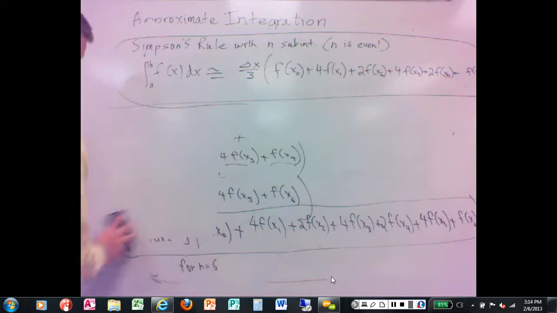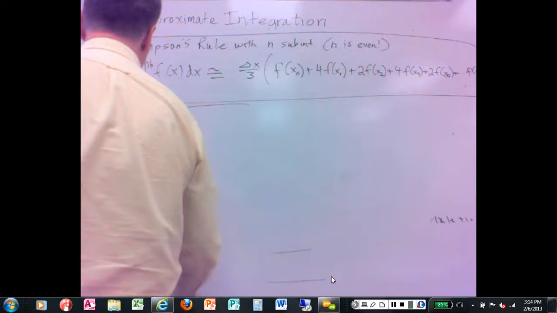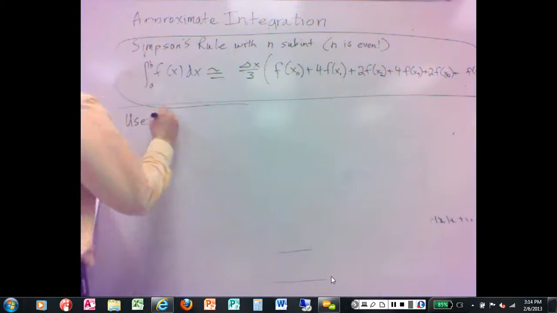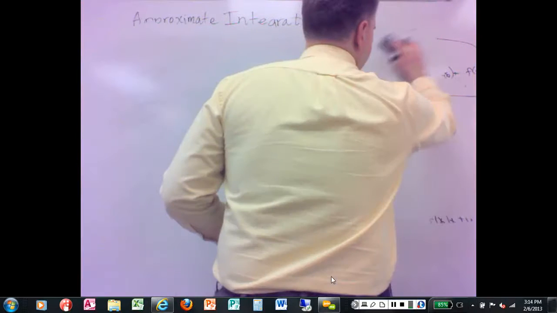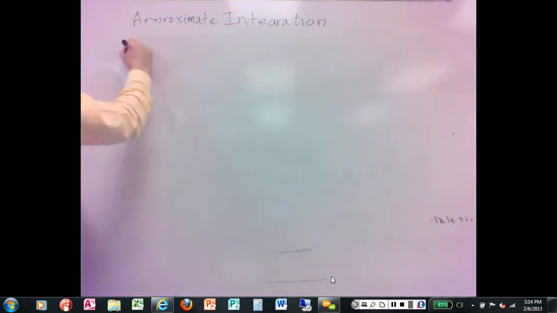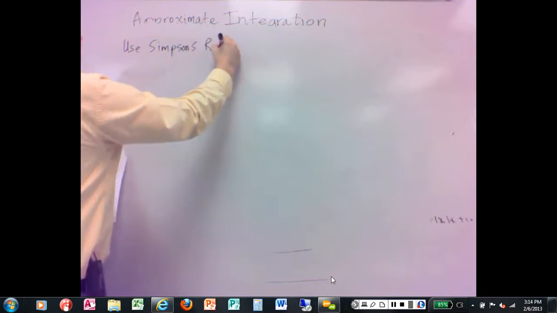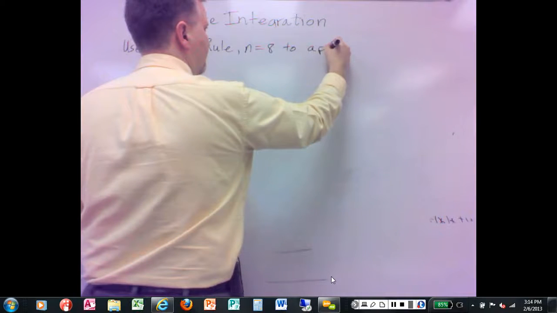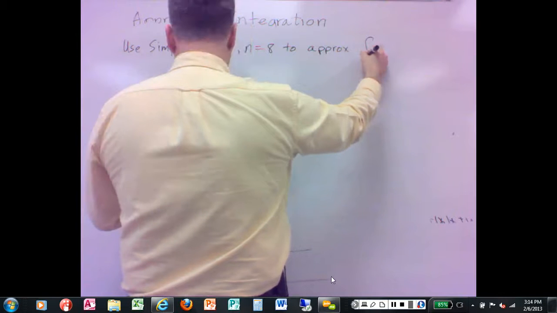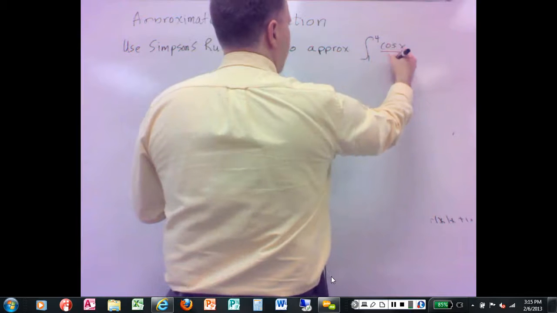Use Simpson's rule, n equals 8, to approximate the integral from 1 to 4 of cosine of x over x squared dx.